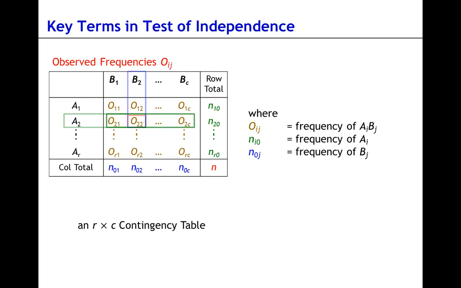All the O's in each row should add up to n sub i naught, and all the O's in each column should add up to n sub naught j.